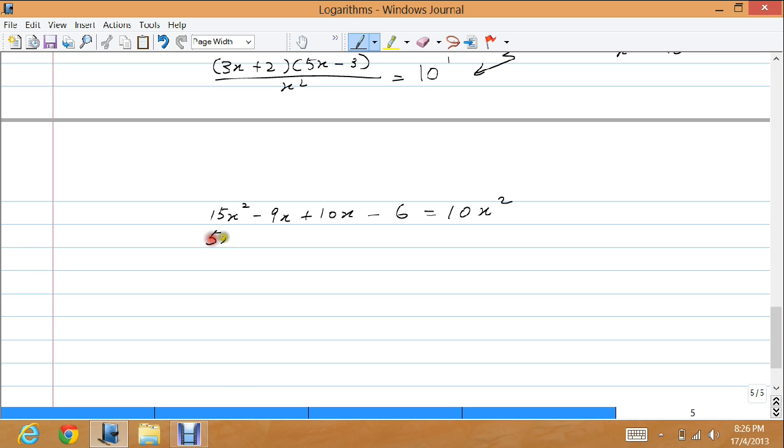So I get 5x squared plus x minus 6 is equal to 0. So all you have to do now is to try and solve this. So I get 5x plus 6, x minus 1 equals 0. So x equals negative 6 over 5 or 1.